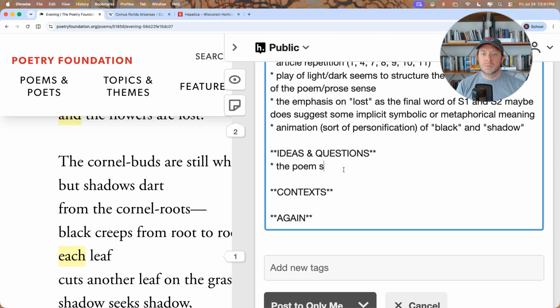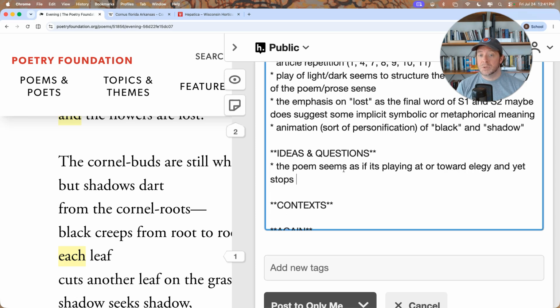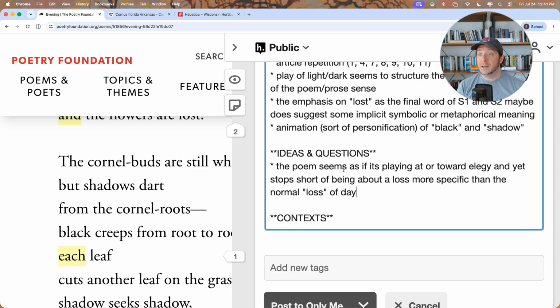The poem seems as if it's playing at or toward elegy, and yet stops short of being about a loss more specific than the normal loss of day as evening falls, right?